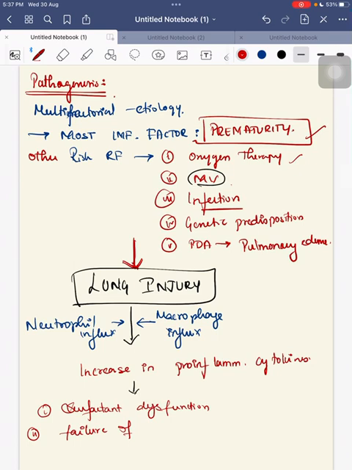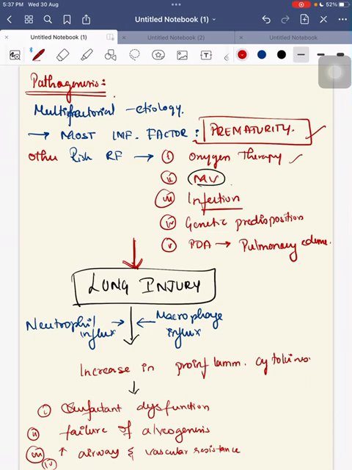The child will be only in the third stage of lung development, so alveogenesis will not have taken place. Third, there will be increased airway and vascular resistance.